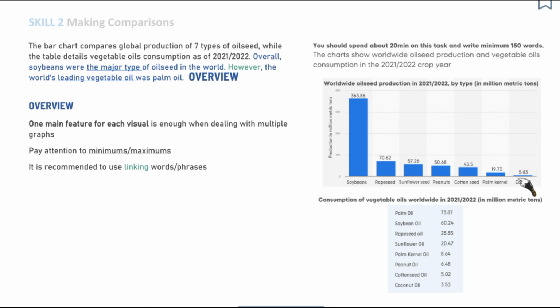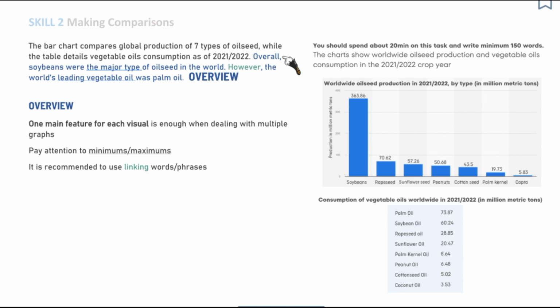We also can see a minimum here, which is copra. Over here, it's only 5.83. So this is the minimum, and this is the maximum. And if we look at the table, we also can see maximums, the first, and minimum, the last. So these are going to be key features for our overview.